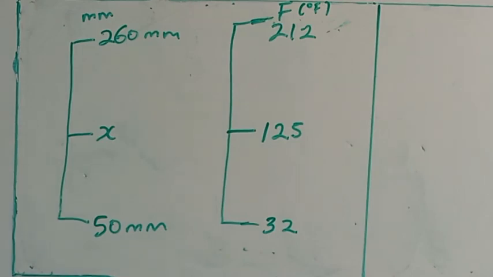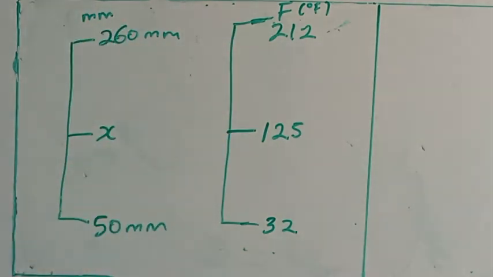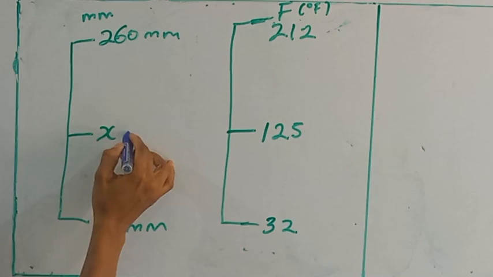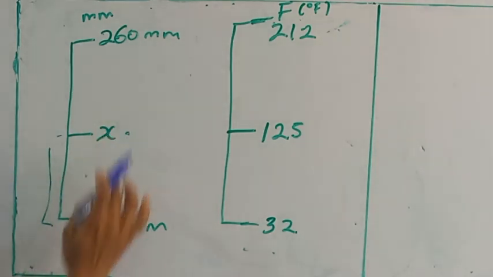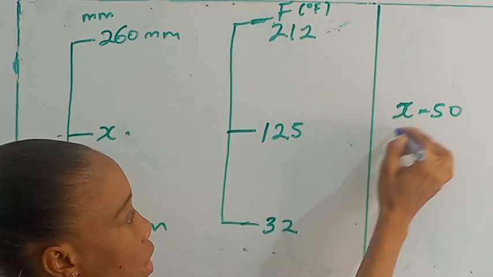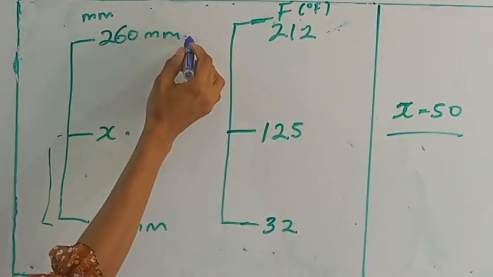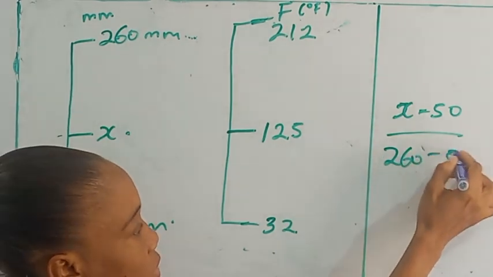How will you solve this? You are comparing this with this. The unknown: compare this place to this place. That's x minus 50 over the upper fixed point, 260 minus 50.